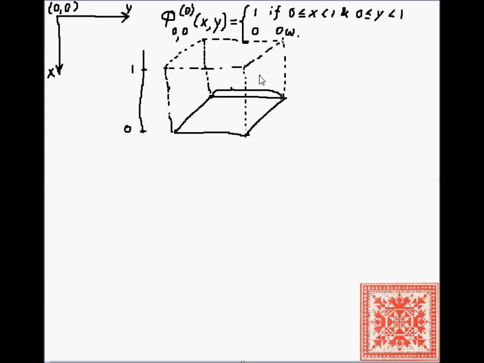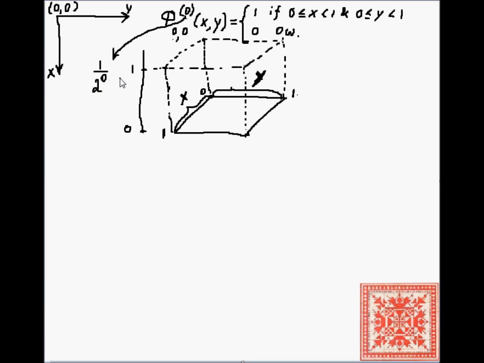This is the y-axis, and this is the x-axis. Oh, I wrote x, this is y. The y-axis goes from 0 to 1, and this is the x-axis, also going from 0 to 1. So the step function is only 1 here, and 0 everywhere else on the plane.